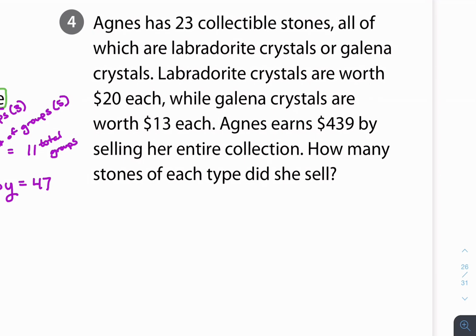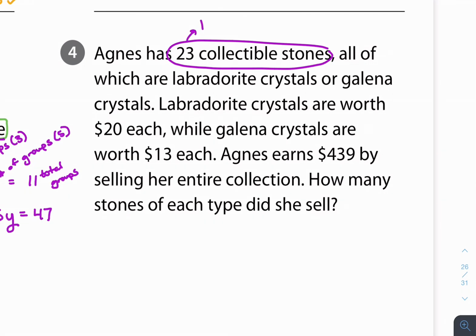Okay, so let's cube this real quick. 23 collectible stones. That's her total amount of stones. Annotate that: total amount of stones. Alright, and the labradorite crystals are worth $20 each.